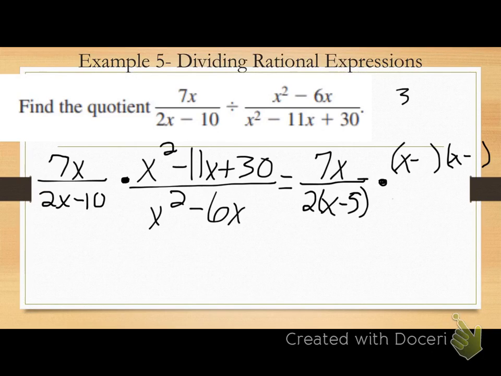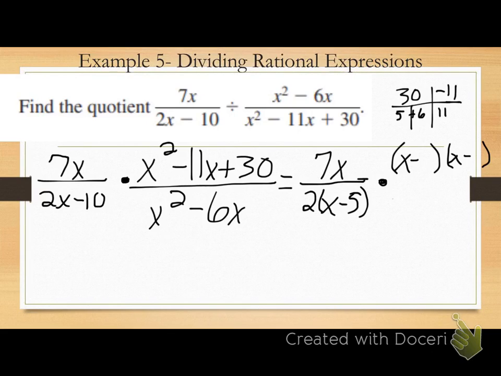Now I can create my t-chart. 30 goes in the first slot, negative 11 in the second. Looking for two numbers that multiply to give me 30, add to give me negative 11. Someone give me two numbers that multiply to give me 30. 5 and 6. What's 5 plus 6? 11.